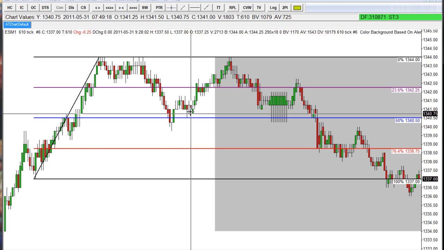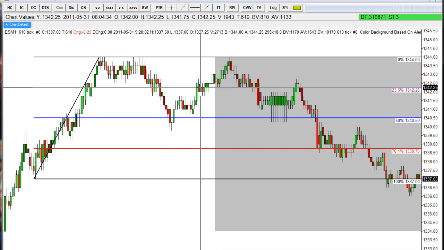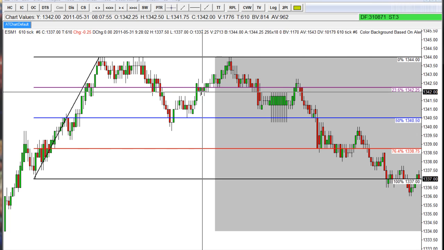Okay, so entry is the 50% level plus a tick. The first target, or my target, would be at the 23.6% level on the line. If you want to play it safe, you can front run this level by 1 tick as well, but as you know, that's also going to reduce the reward to risk ratio.